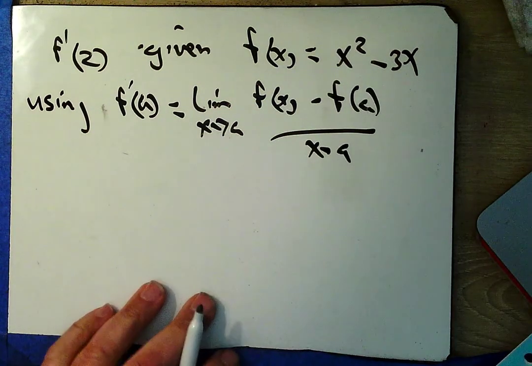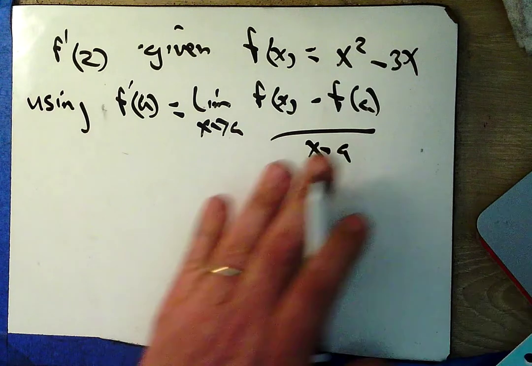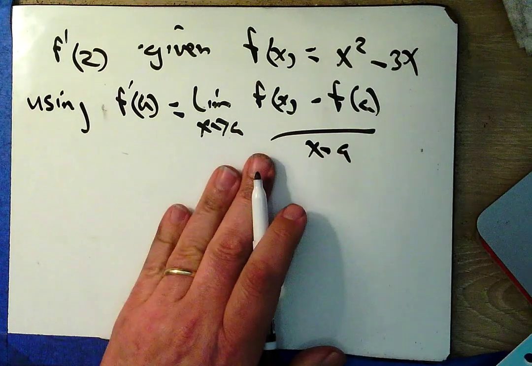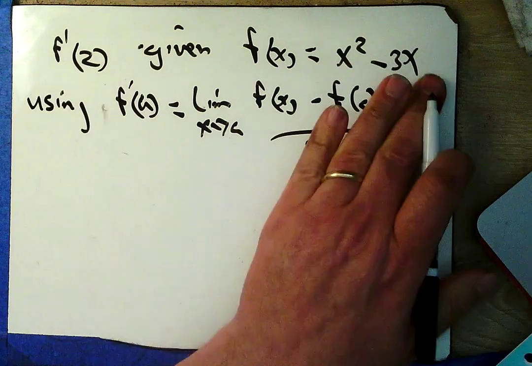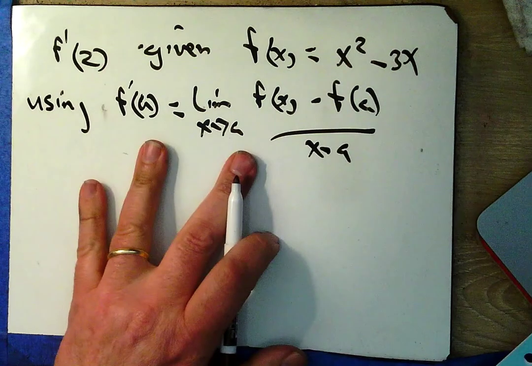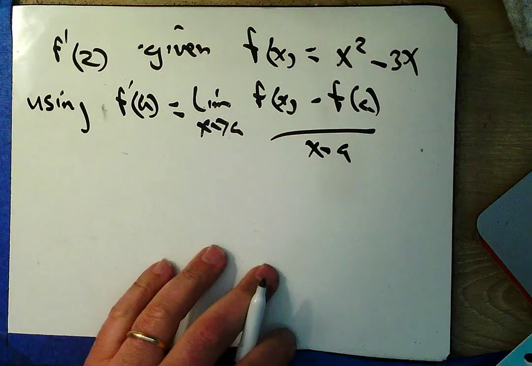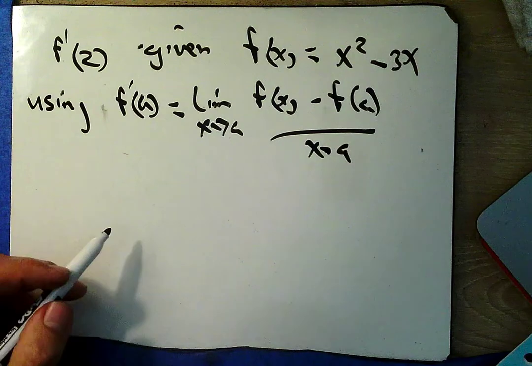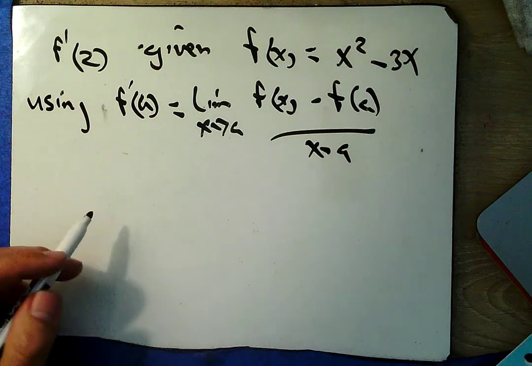So pause the video, find f prime of 2 with this f of x using this limit definition of the derivative. Okay? All right, come back when you're ready to chat now.